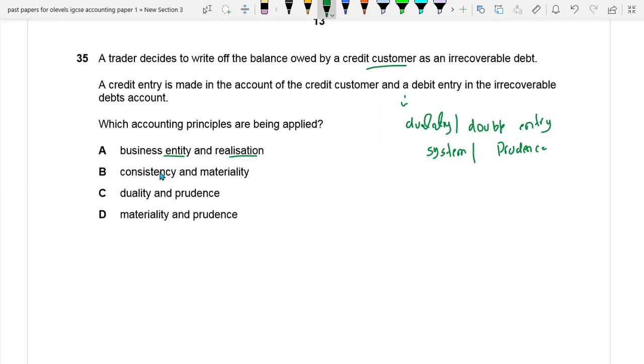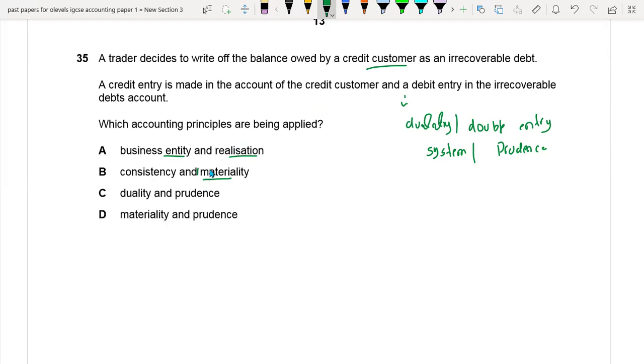Consistency means that we are consistent in our rules or regulations. Let's suppose we are charging depreciation on different non-current assets and have been applying this rule in our accounting; that is consistency. The materiality concept means that we should only record those assets which have some monetary value.